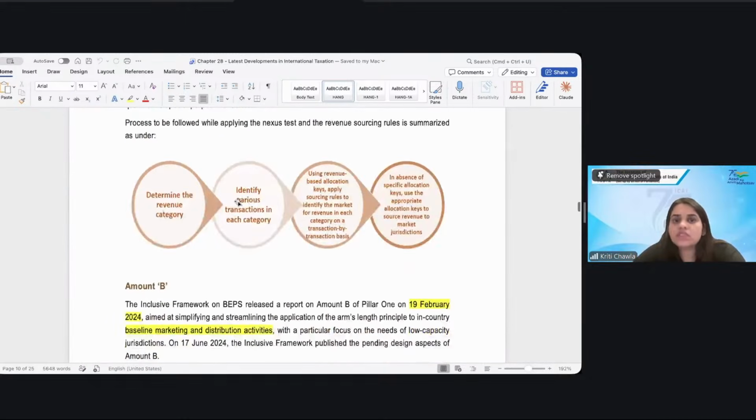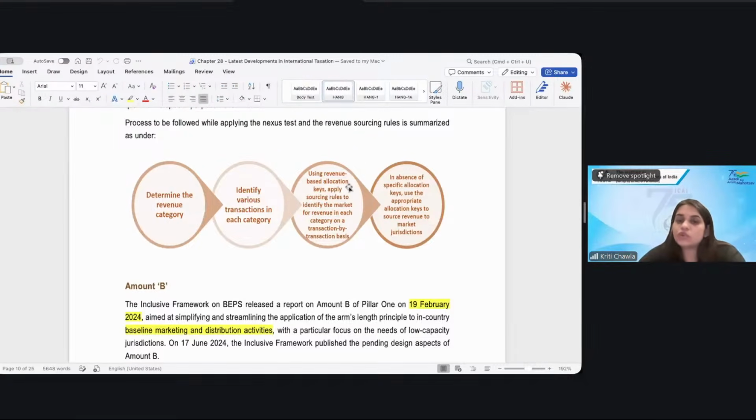So this is the process to be followed for applying the nexus test and the revenue sourcing rules. First, you have to determine the revenue category. Then you have to identify various transactions in each category. Then you have to use a revenue-based allocation key.